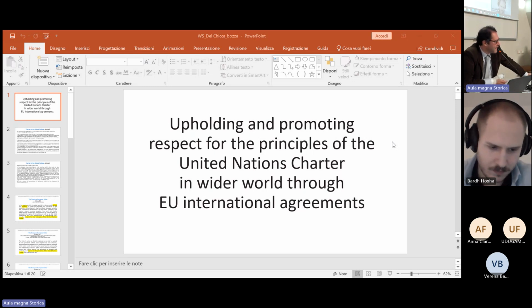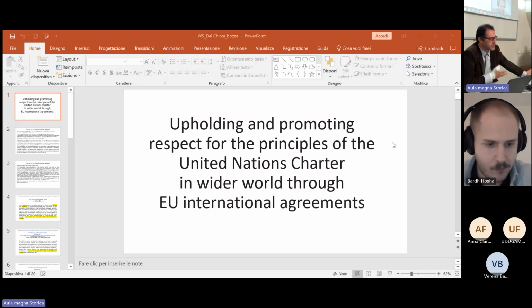Today, most states and scholars agree that the origin of international law is a year, in particular 1648, the year of the Peace of Westphalia, the treaties of Münster and Amsterdam, which ended the Thirty Years' War. Why is this the origin of international law? Because these treaties tried to regulate the use of force in international relations.